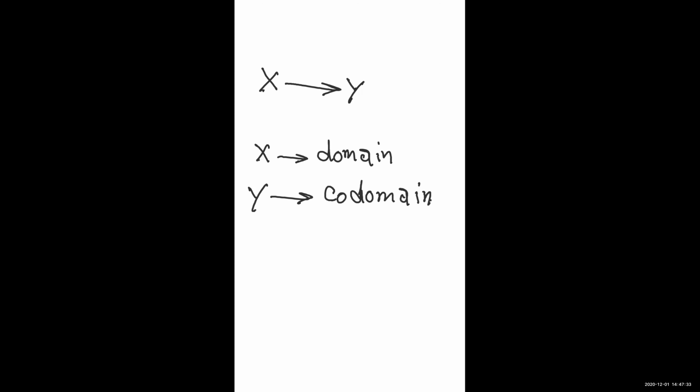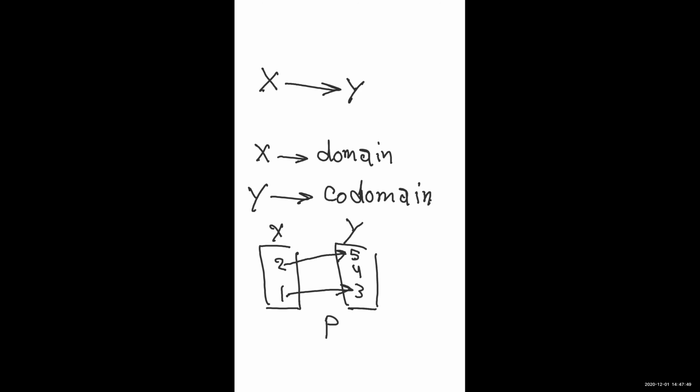Remember that if x is like this and y on the arrow diagram is like this, if there is 1 and 2 and here 3 and 4 and 5, so if there is one arrow from 1 to 3 and one arrow from 2 to 5, the range will equal the set of those images on y, which is 3 and 5.